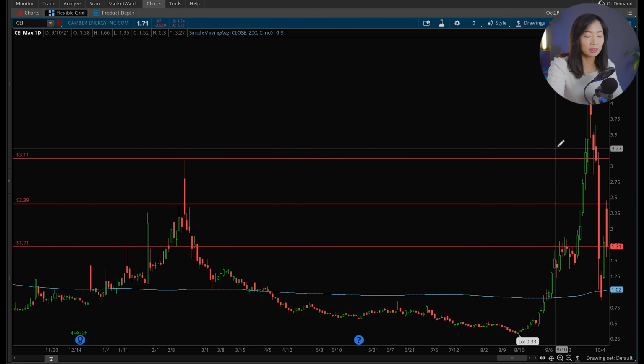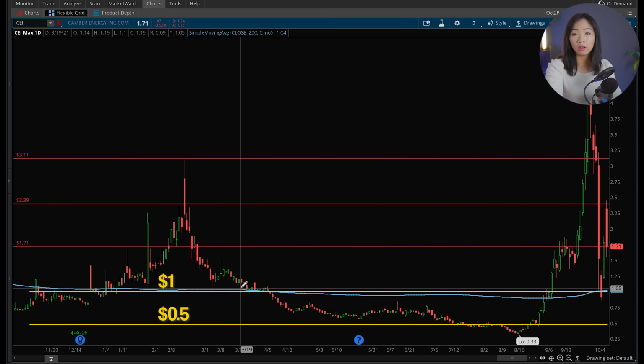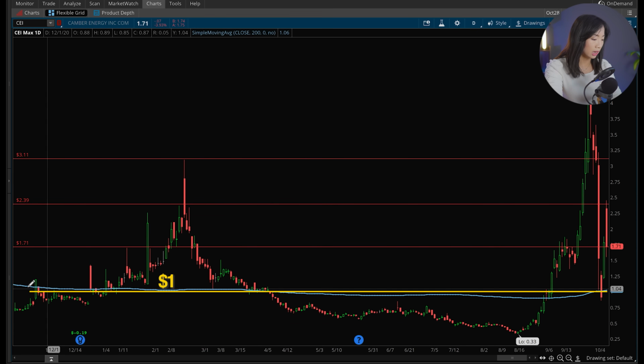And you can see it will be the same thing here. People came in to buy the stock around 50 cents. And then once it held these levels, you can see this line here around $1. That's the prior support all the way from the daily over here.